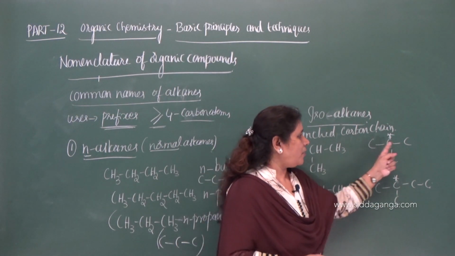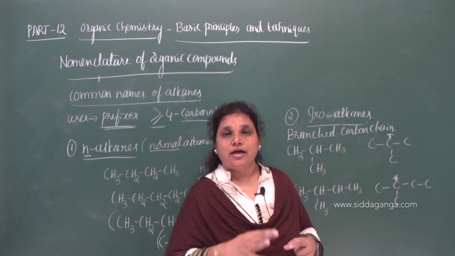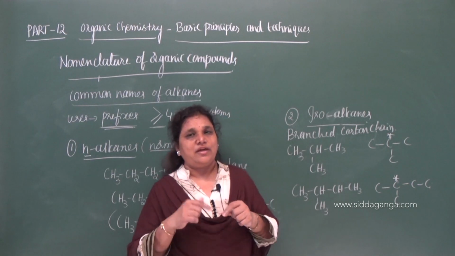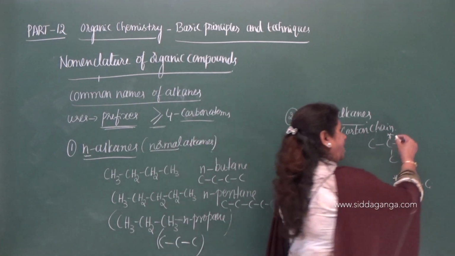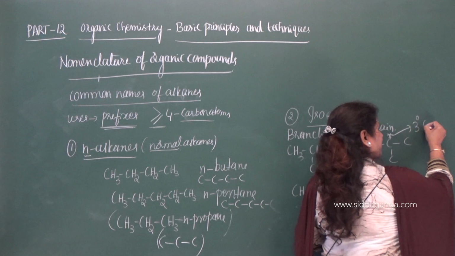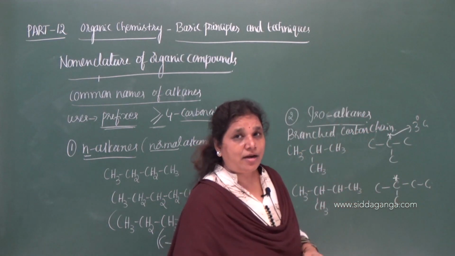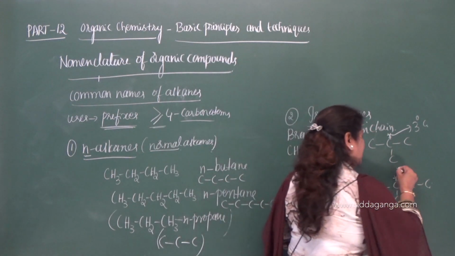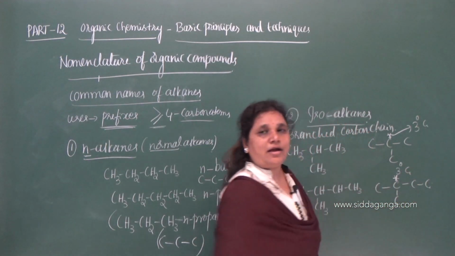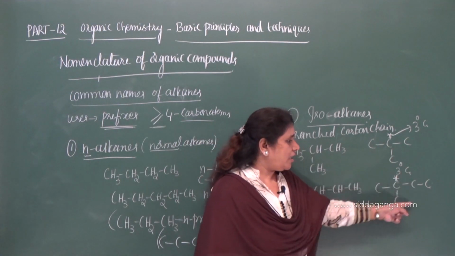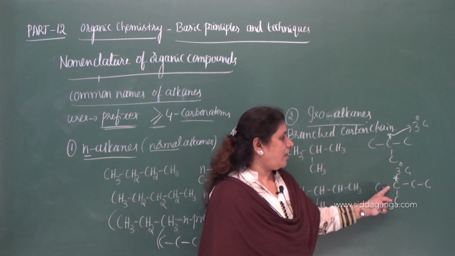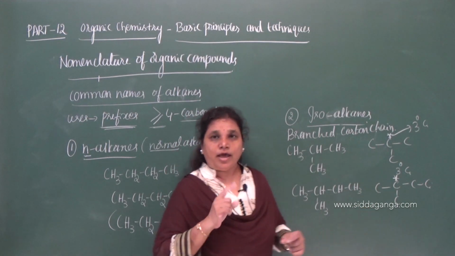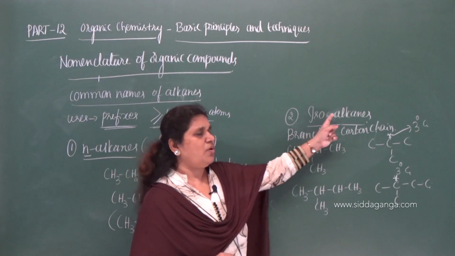This carbon is bonded to 3 other carbon atoms. Whenever a carbon atom is bonded to 3 other carbon atoms, that carbon is a 3-degree carbon or tertiary carbon. And here also we have a tertiary carbon, 3-degree carbon. So a branched chain of carbon atoms containing at least 1 tertiary carbon can be named as isoalkanes.